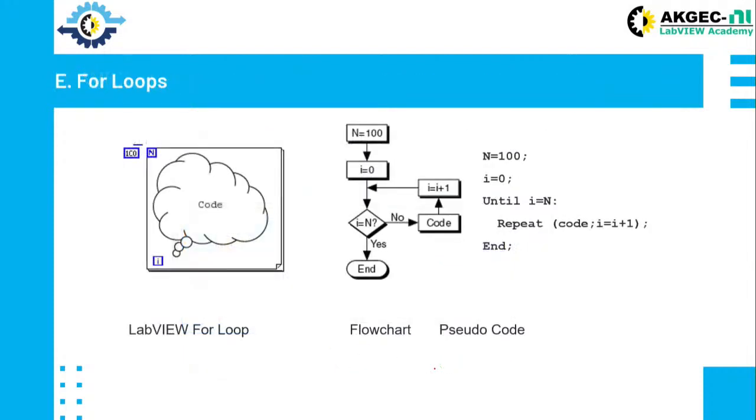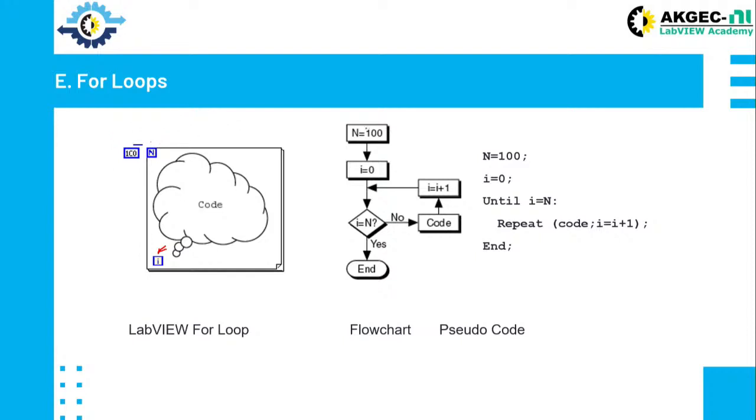The next structure is the for loop. In the for loop, we again have a loop iteration terminal I, and we have n, that is the number of iterations, or the number of times this for loop will be executed. We know the number of iterations.